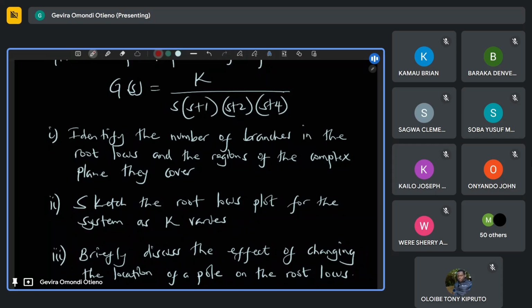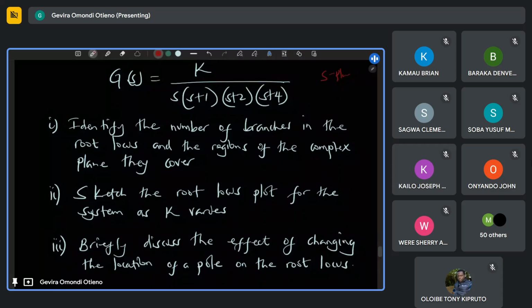So always make sure you read the question twice to know what is required. Maybe one question requires 2 things. Like in this case, we need the number of branches in the root locus and the regions of the complex plane they cover. Meaning, what regions, because a complex plane or an S-plane has 4 quadrants. So what regions are covered by the root locus?